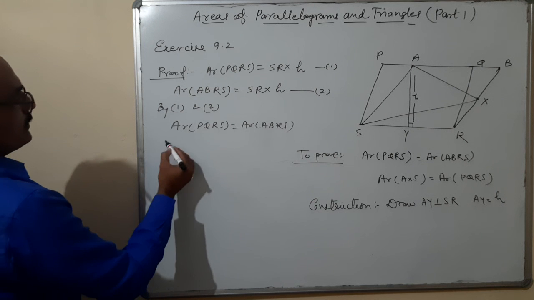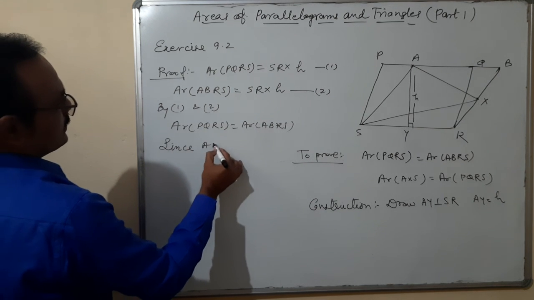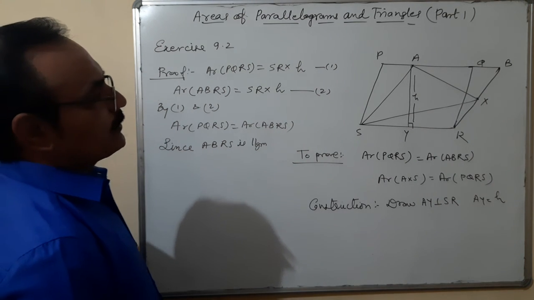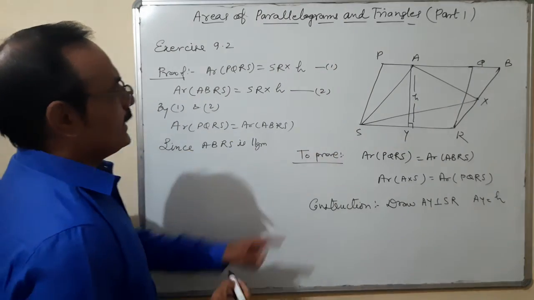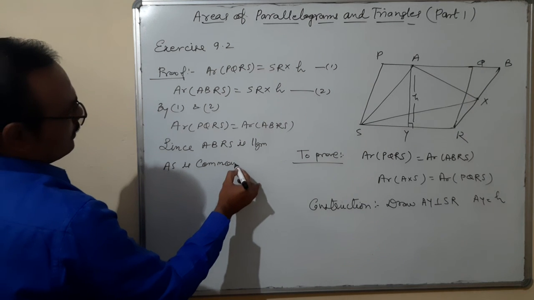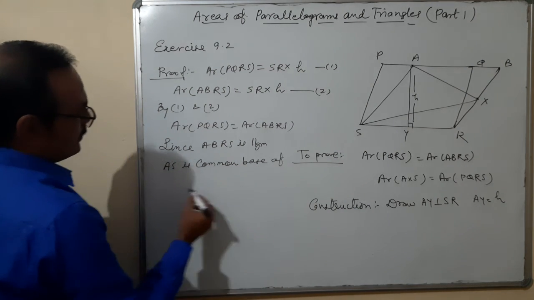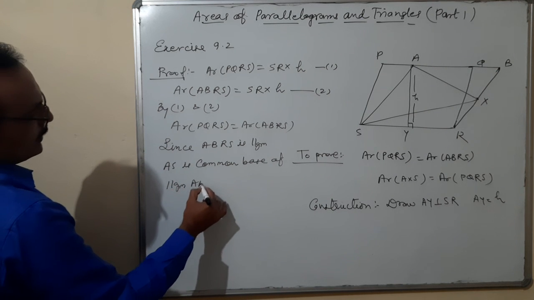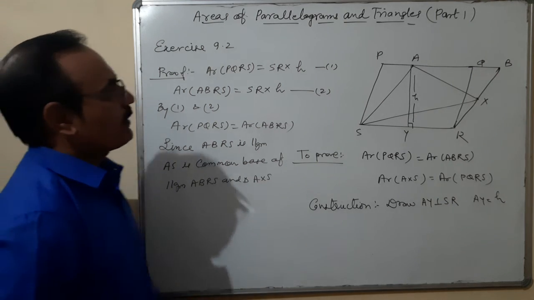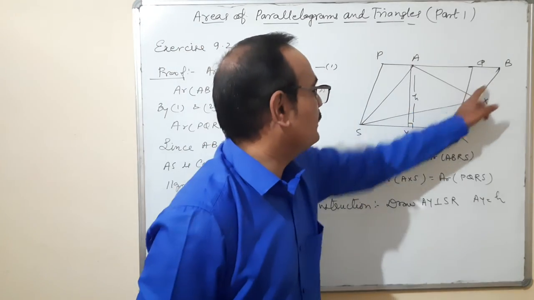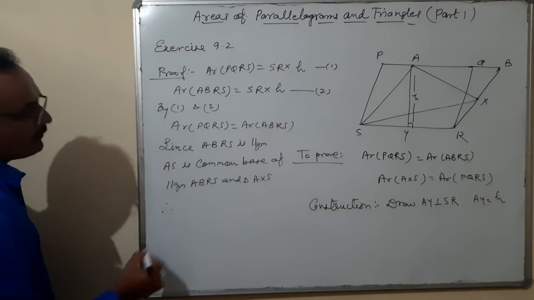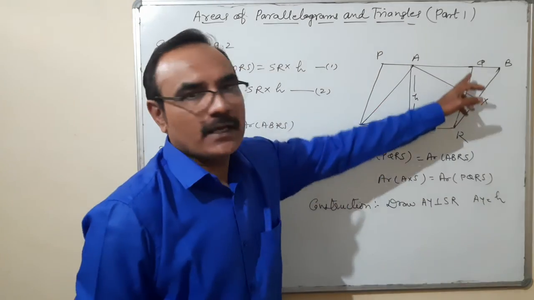Okay. Second one, area of AXS. Since ABRS is a parallelogram, AS is the common base of parallelogram ABRS and triangle AXS. Okay. Therefore, one is a triangle and one is a parallelogram.